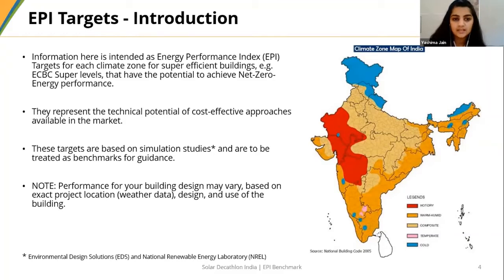The data represents the technical potential of cost-effective approaches available in the market. And these targets are based on simulation studies and are to be treated as benchmarks for guidance. And kindly note that performance for your building design may vary based on your exact project location, your design, and the use of your building.